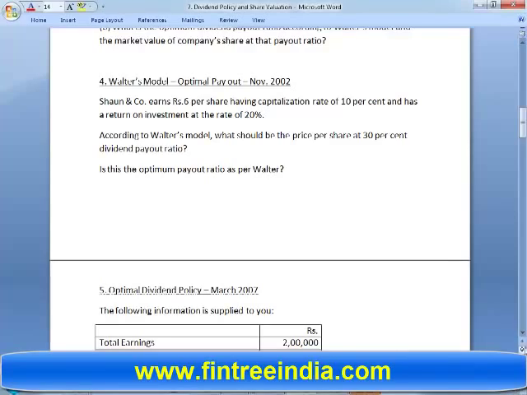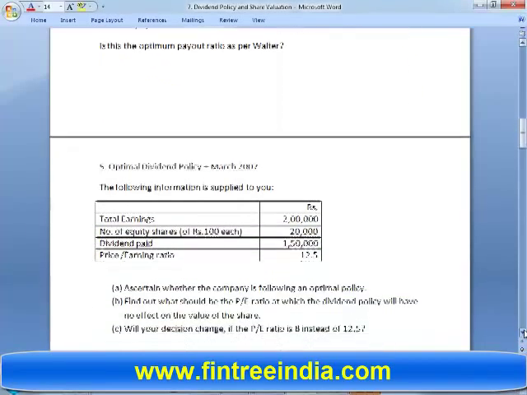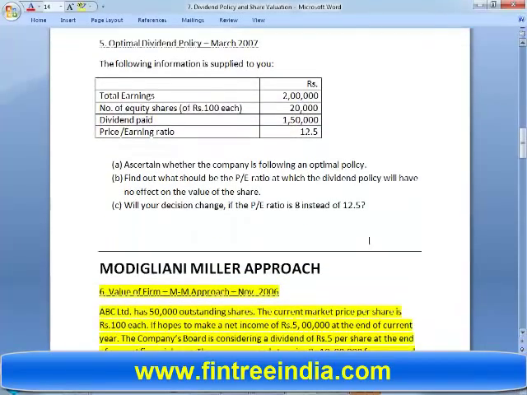Question number 5. Following information is supplied to you: total earnings, number of equity shares, dividend paid, price earning ratio. Ascertain if the company is following an optimal policy.